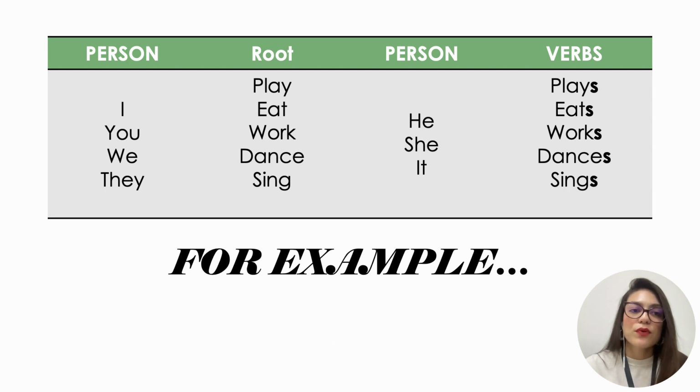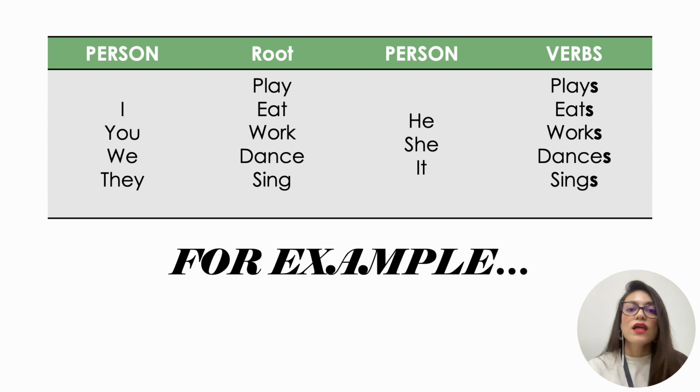So, for example, if we use the persons I, you, we, and they, as you can see, we are just going to use the root verb. I play, you eat, we work, we dance, they sing. Okay, just the root verb, just like that. But if we use he, she, or it, we need to add an S at the end of the verb.